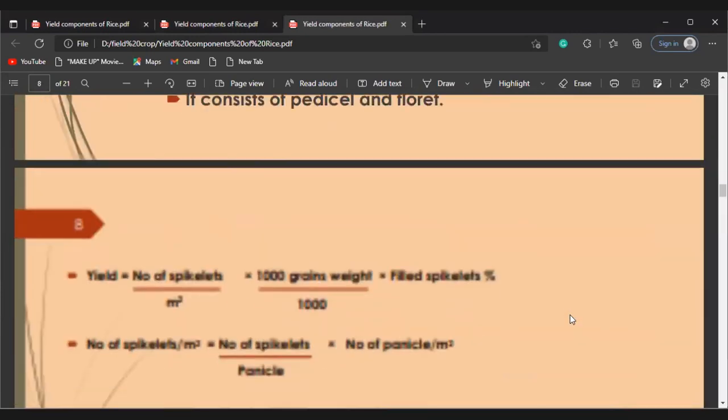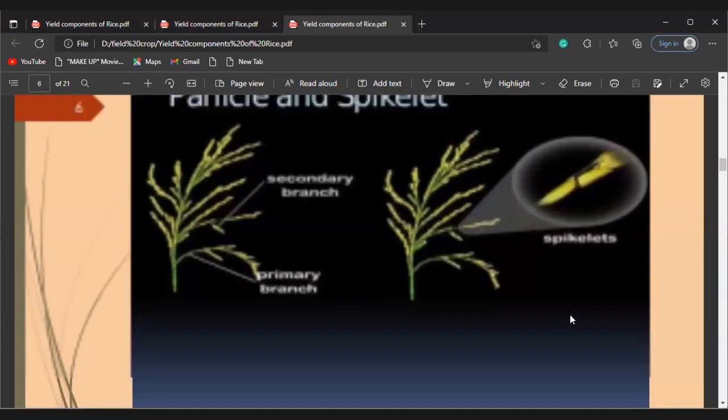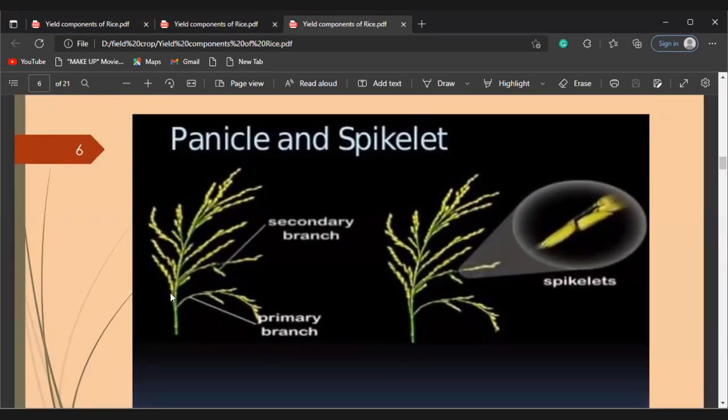Okay. What is primary and secondary? If we place a picture like this, can you indicate the secondary branch and the primary branch? Yes or no?